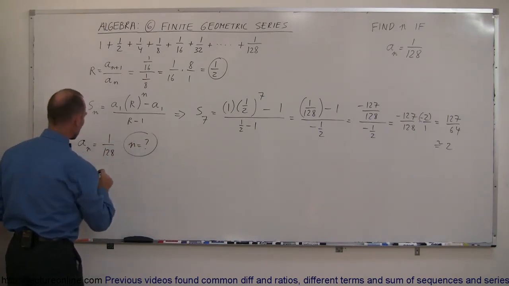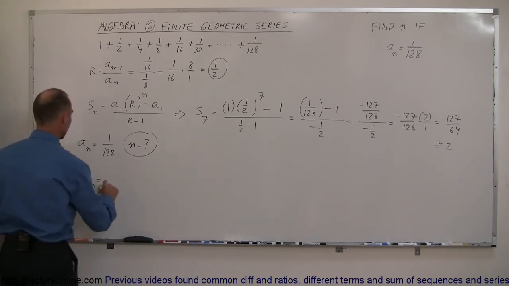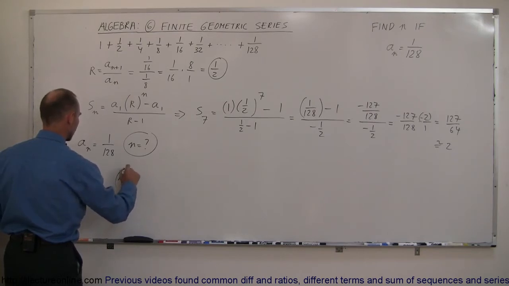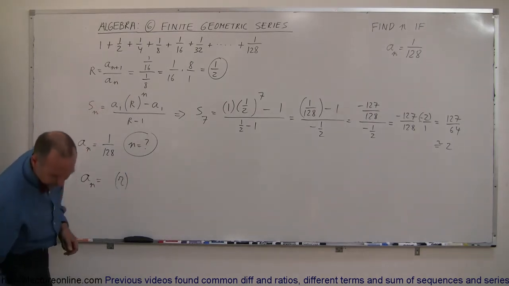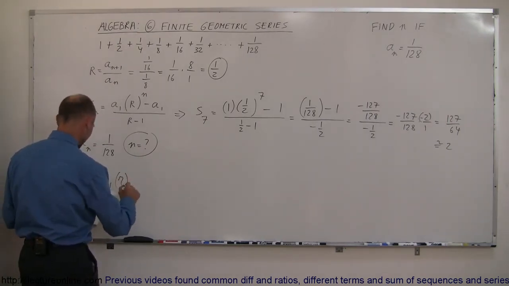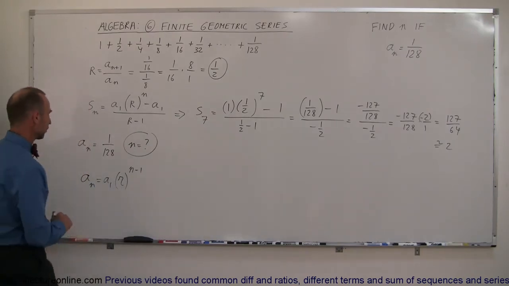And of course, we know that the nth number of a geometric series is the first term times the common ratio raised to the n minus 1. There we go. I forgot the formula.